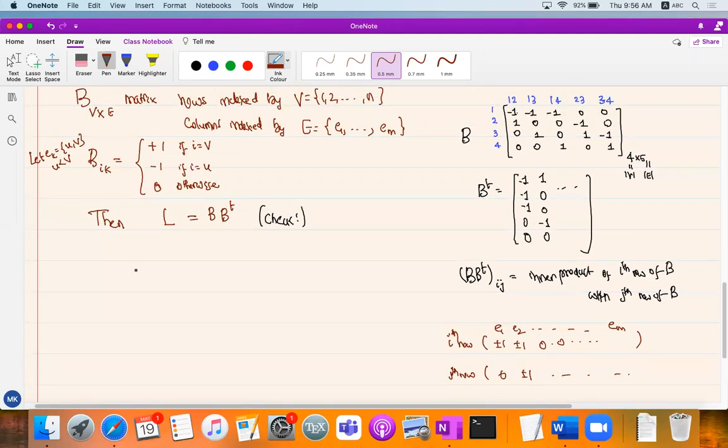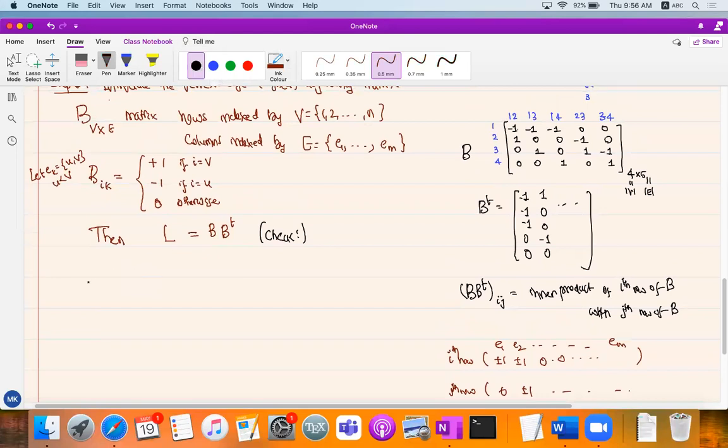One of the observations that I will make, maybe we will prove it later, is a claim, important for later purposes: any square submatrix of B has determinant equal to 0 or 1 or -1.